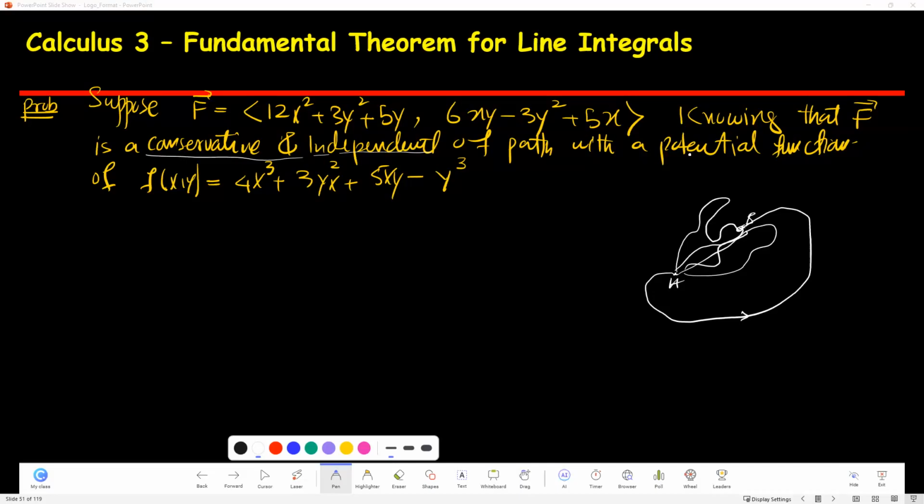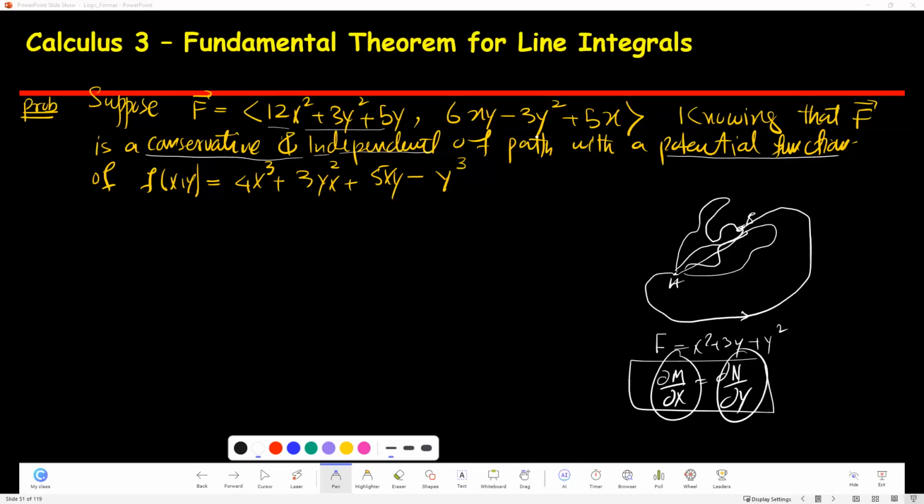Another thing is the potential function. Usually I give you a function like x squared plus 3y plus y squared, and remember we talked about the criteria, or the test, for conservative. Right now I'm giving you this and that.